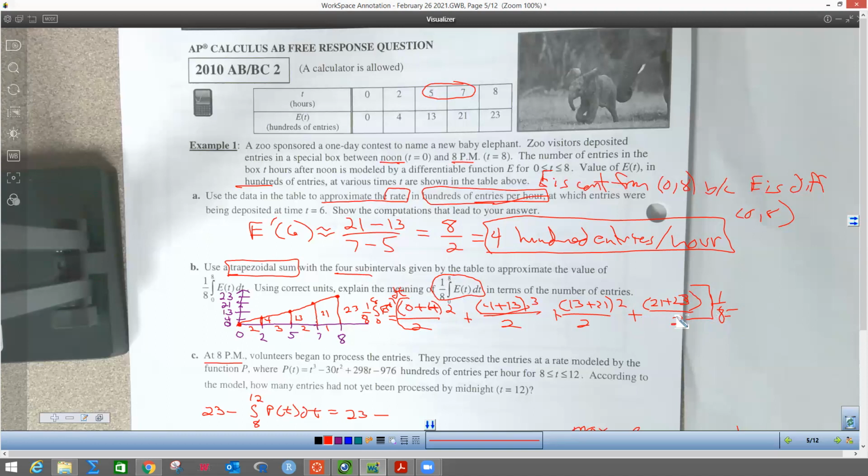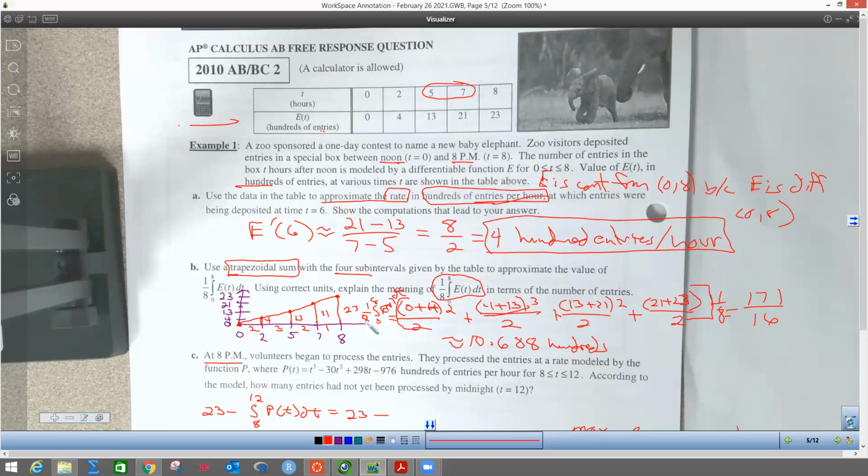But we're doing trapezoids. So if you simplify this thing, it comes out to be 171/16 without a calculator. Okay, if you use your calculator, which we can, since this was a calculator problem, it would have been 10.688, we have to have 3 decimals, and we would say hundreds. Remember, this is the area, right? So it's this times this, which is hundreds of entries, but remember we have this 1/8 in front.